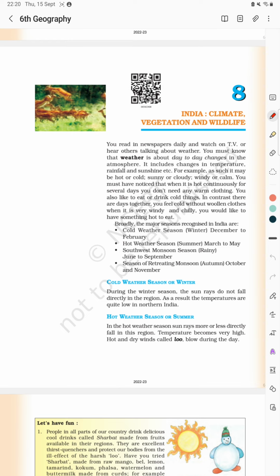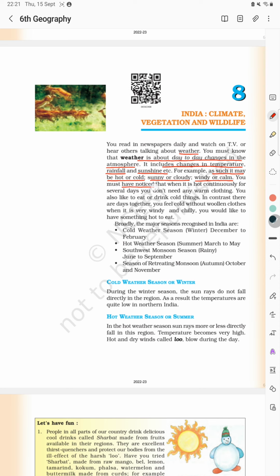You read in the newspaper daily, watch on TV or hear others talking about weather. You must know that weather is about day to day change in the atmosphere. It includes changes in temperature, rainfall, sunshine, etc. For example, it may be hot or cold, sunny or cloudy, windy or calm.